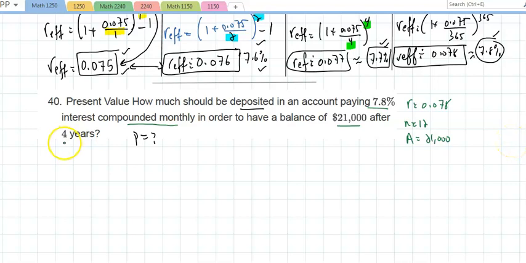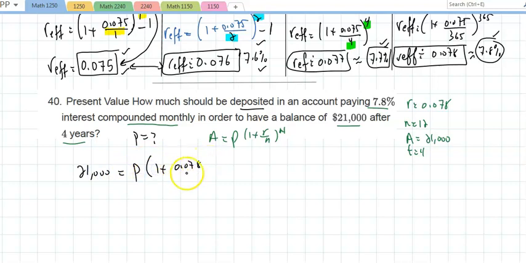Right? And the time is 4 years. So if I write my formula down, A equals P times 1 plus R over N raised to the NT. Well, this is 21,000 equals P times 1 plus R, which is 0.078, divided by 12 raised to the 12 times 4.